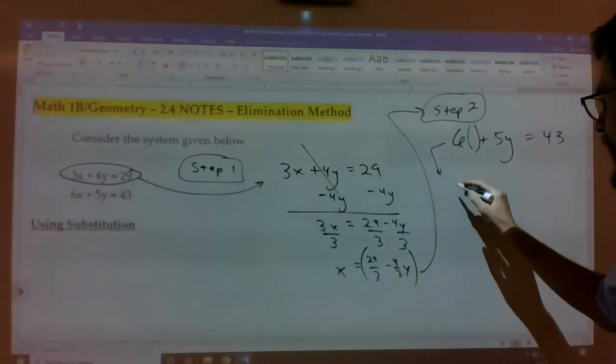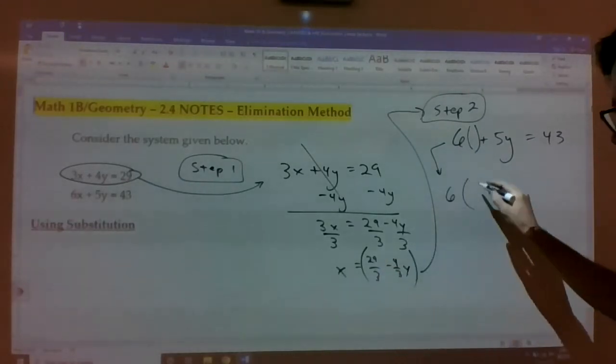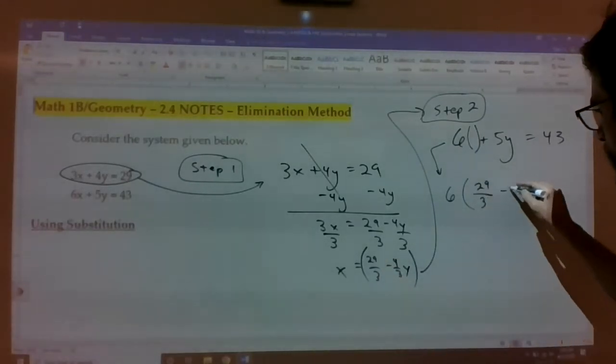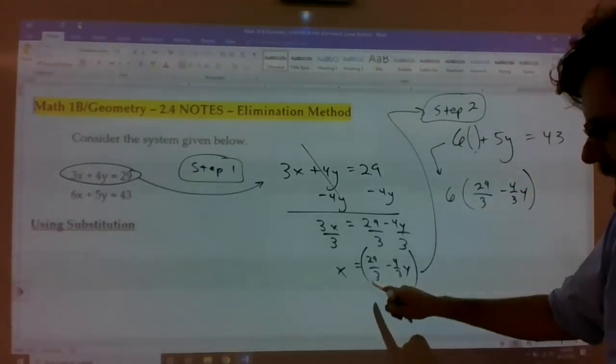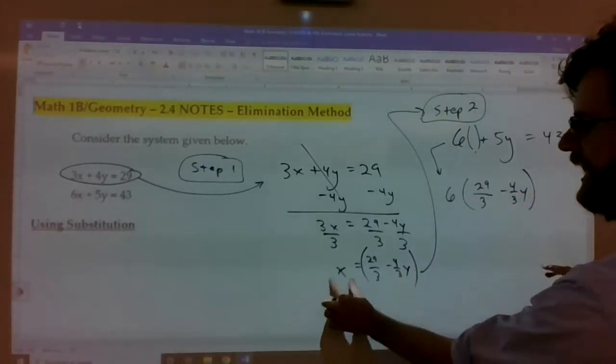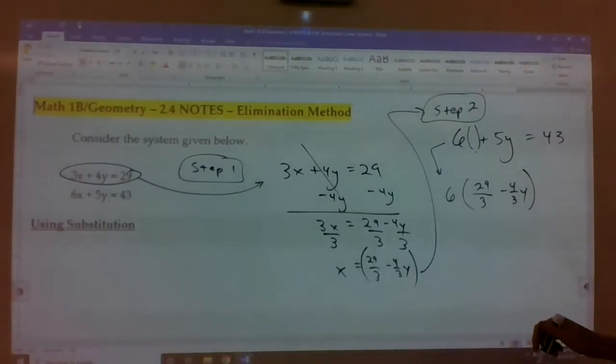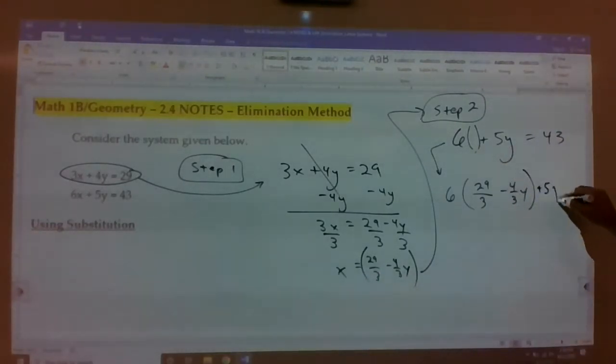So I'm going to write it as 6 parentheses 29 thirds minus 4 over 3y. Okay, so 6x turned into 6 times that version of x. Now you put plus 5y equals 43.